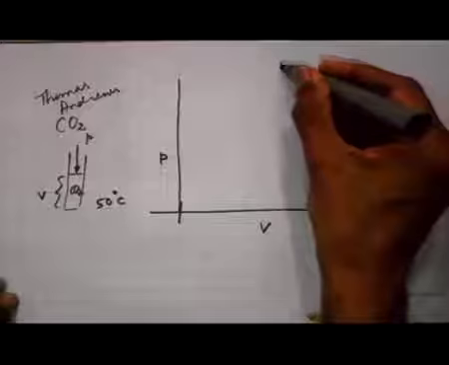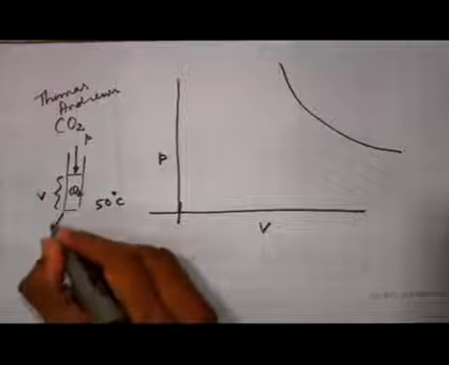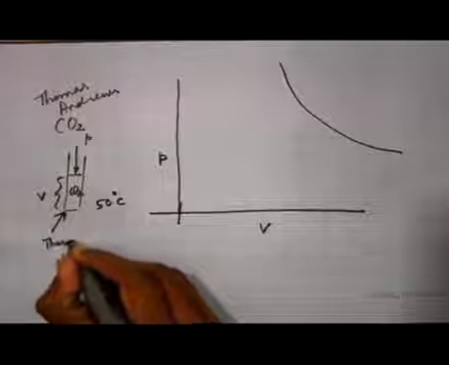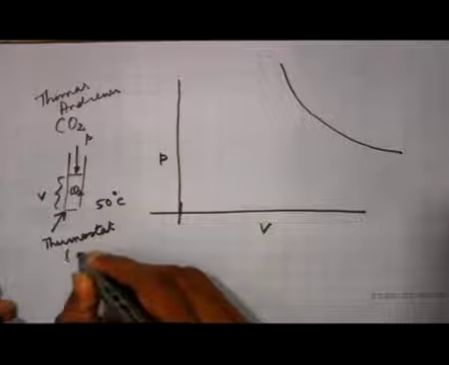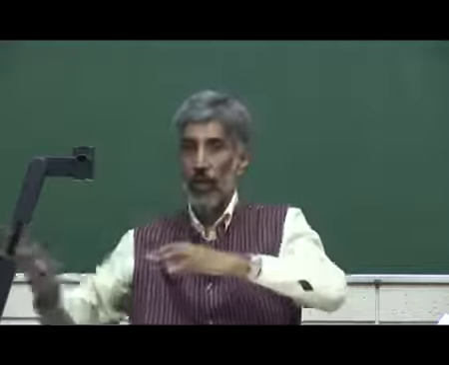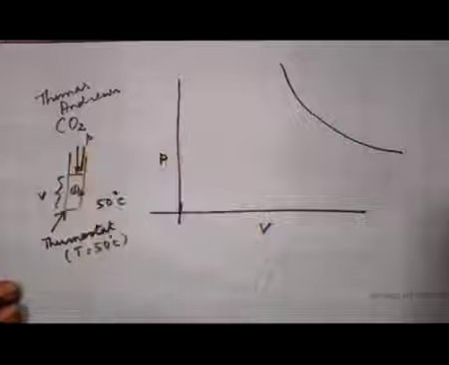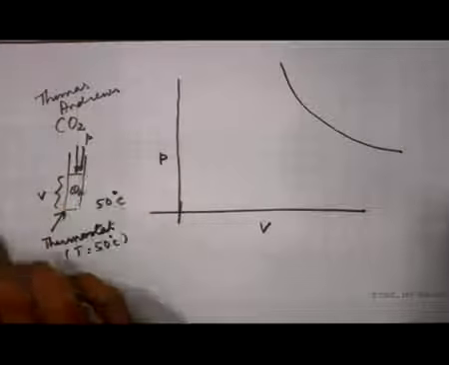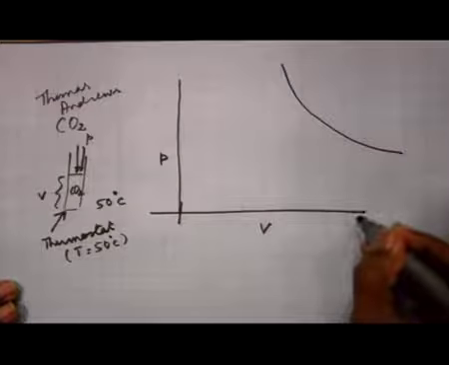You take carbon dioxide gas and put it into a thermostat, which is something that controls the temperature, and we keep the temperature at 50 degrees. You put the whole capillary into an oven, keep it at 50 degrees, and start increasing the pressure on top. For each value of the pressure you measure the volume, and you plot how the volume changes.